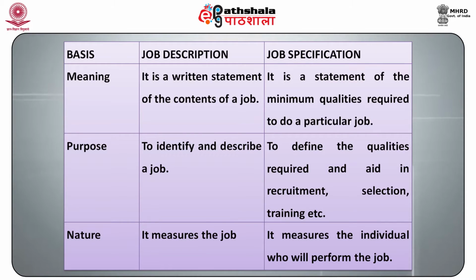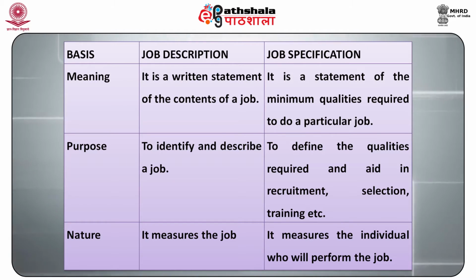These two can be differentiated on the basis of meaning. The meaning of job description is that it is a written statement of the contents of the job, whereas job specification is a statement of the minimum qualities required to do a particular job. These can be differentiated on the basis of purpose.